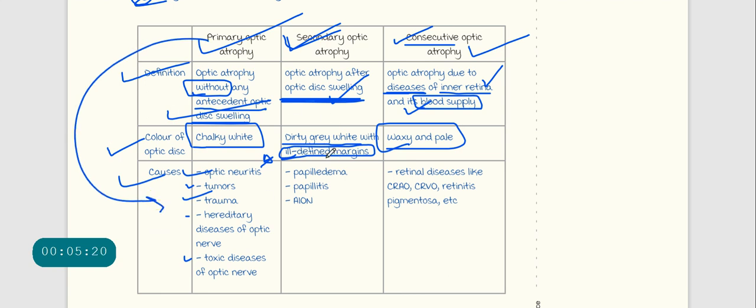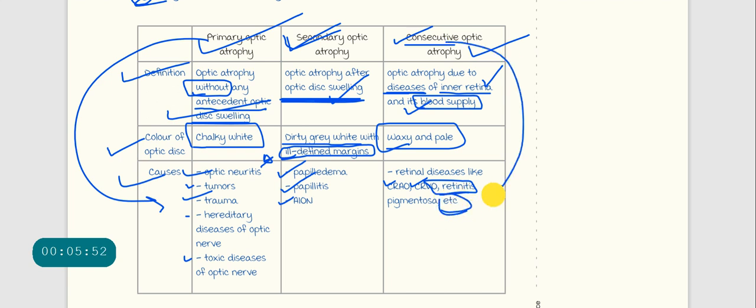The secondary optic atrophy causes are papilledema, very important, papillitis, and AION. Now comes the consecutive optic atrophy. The causes are all like obstructions, so CRAO and CRVO, retinitis pigmentosa, an important one. So there could be several other causes also for the consecutive optic atrophy.